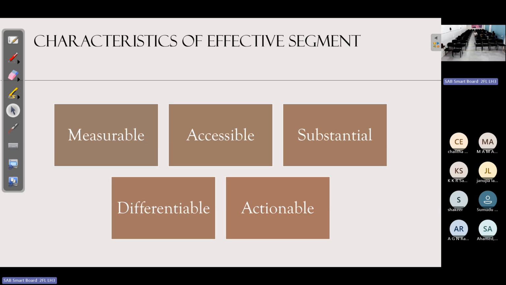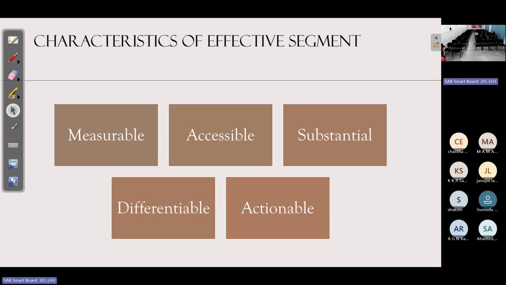So you can write actionable meaning whether the company is having enough resources and capabilities to serve the segment.